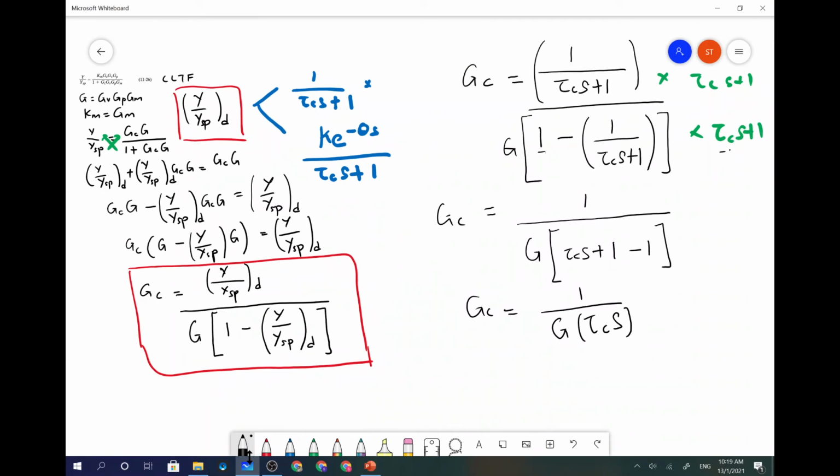We put it as a different term. Put it as 1 over G, 1 over tau CS.